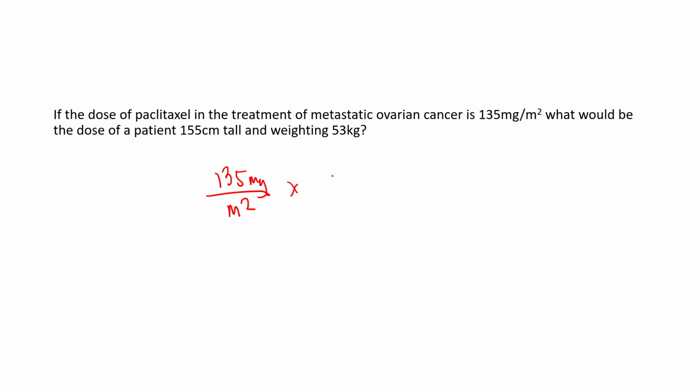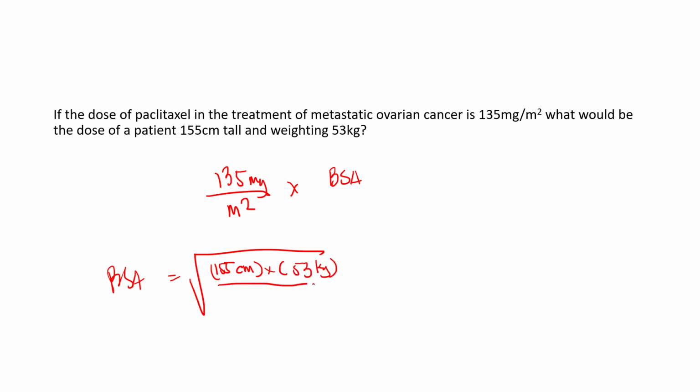Now the problem is we need the patient's BSA. To get the BSA, square root of 155 cm multiplied by 53 kilograms over 3,600.